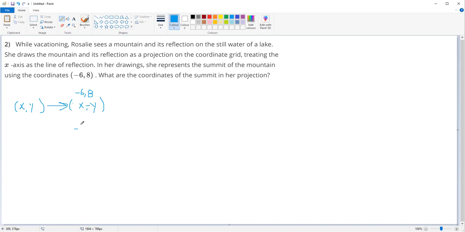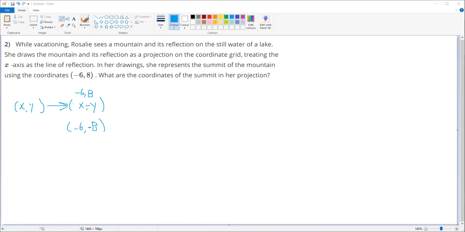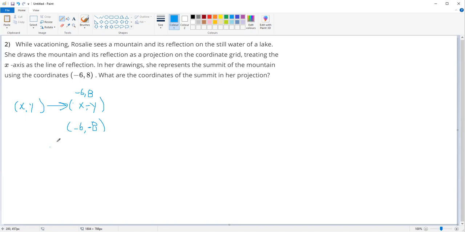So -6 is the new coordinate, the same, but your y values change, flop signs, so that is now your new coordinate pair. So that was the answer, -6 comma -6. So bingo bango, pretty simple.